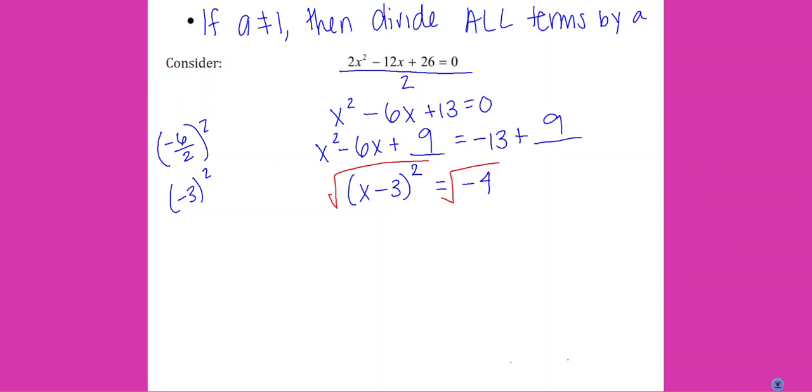Square root both sides. We get x minus 3 equals plus or minus 2i. If you're confused about how to go from square root of negative 4 to 2i, go back and review the complex numbers video. And then we'll add 3 to both sides, so we get x equals 3 plus or minus 2i.